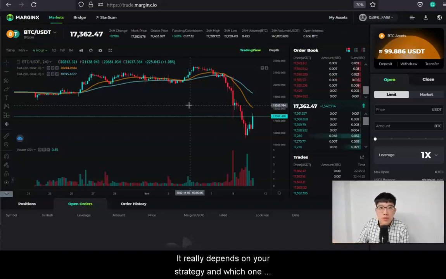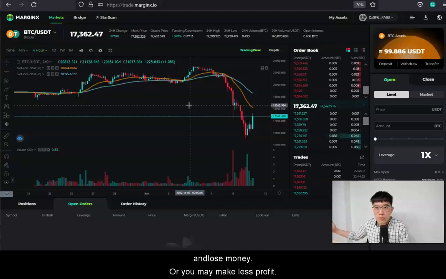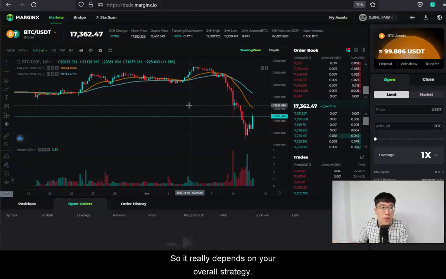It really depends on your strategy and which one you prefer. Would you prefer something that sticks closer to the current price range, or something that averages out throughout, like a simple moving average that gives you fewer trading opportunities? That means you trade less, so you don't overtrade and lose money, or you may make less profit. It really depends on your overall strategy.